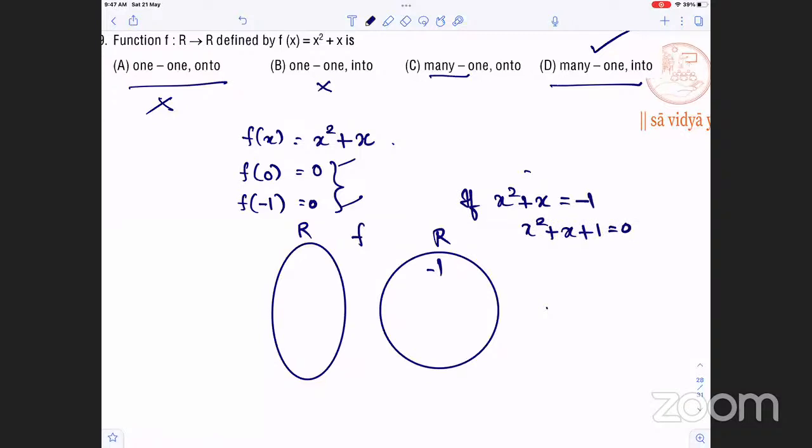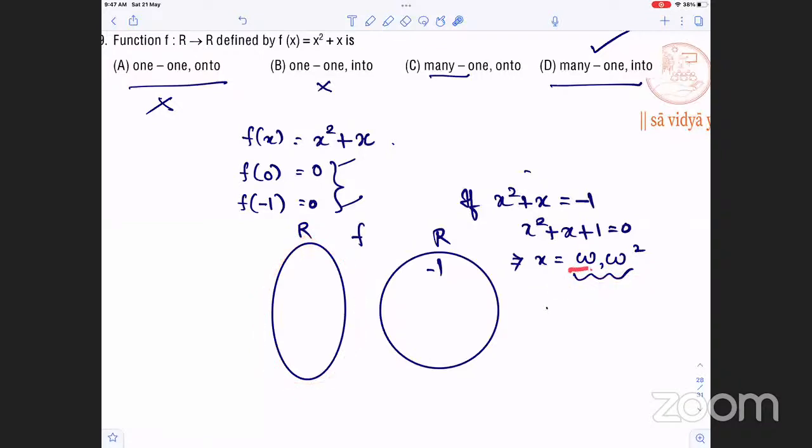So this x will be either omega or omega square. Both are complex numbers. But complex numbers are not there here. Omega and omega square are not here.